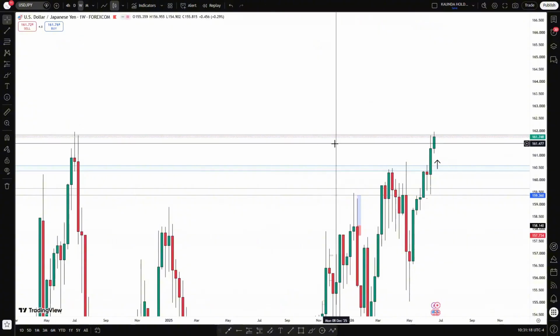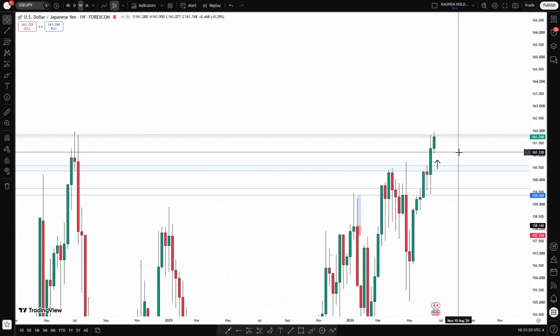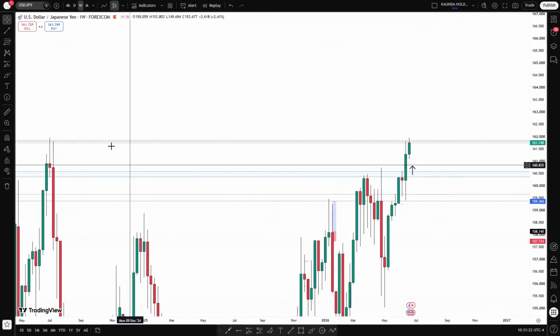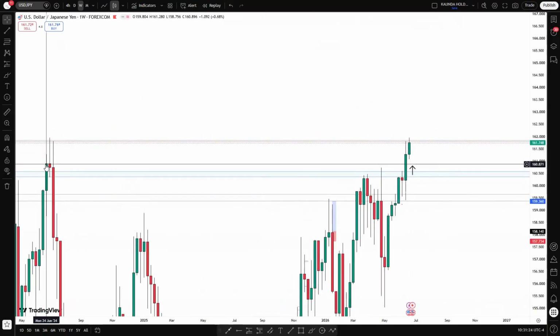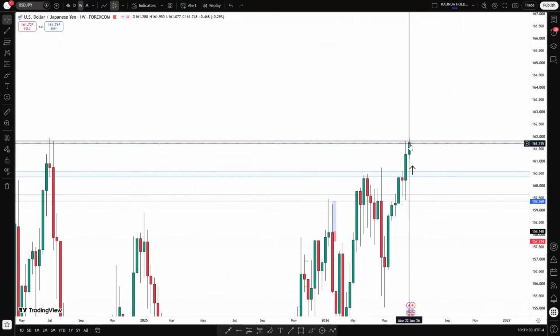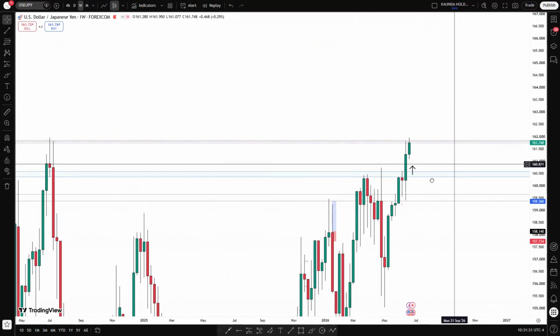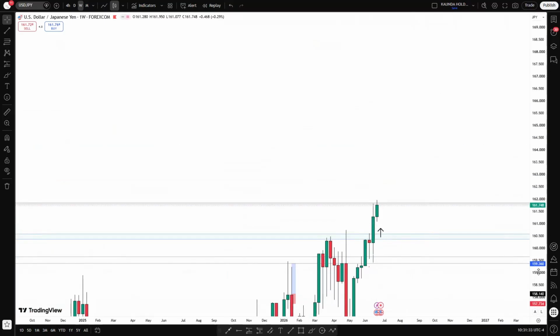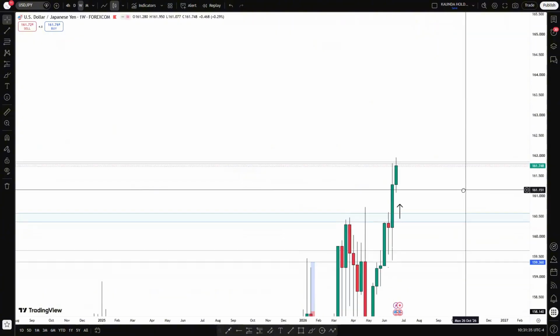Okay. And it rejected. So price tested this high here, that's what we can say. But now price has closed fully at this high, 161. So $1 is selling at 161 Japanese yen.